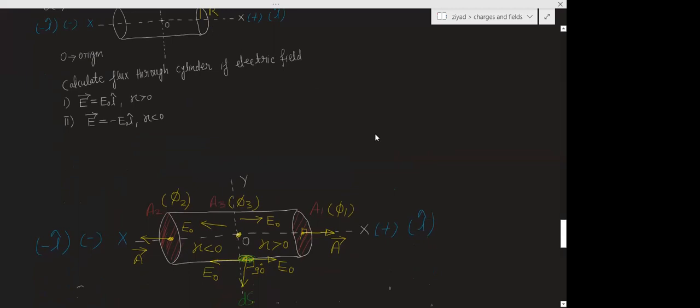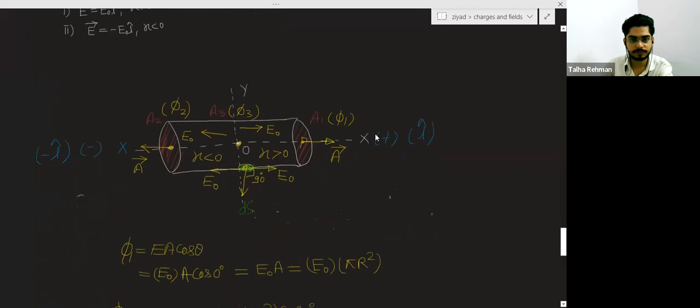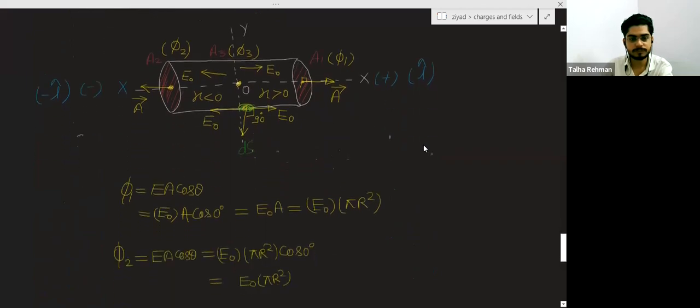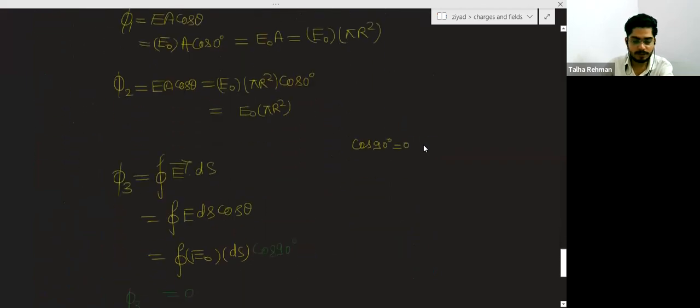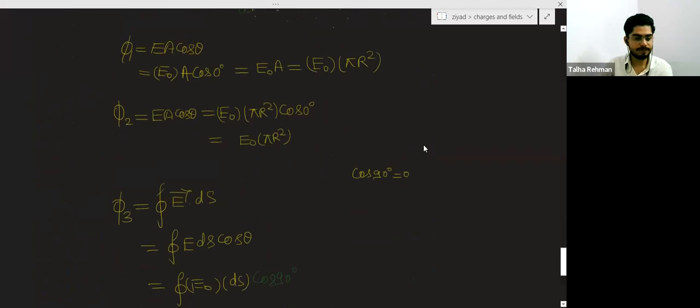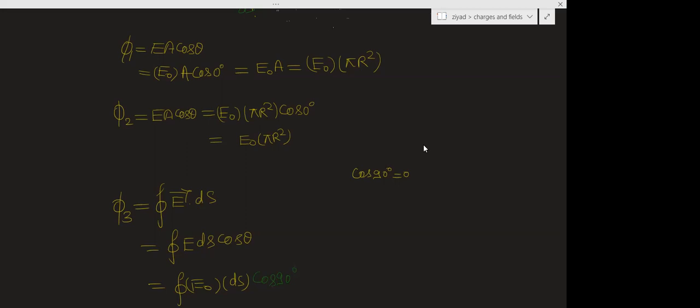Can you scroll down? Now the Gauss law is completed. Gauss law is completed now.